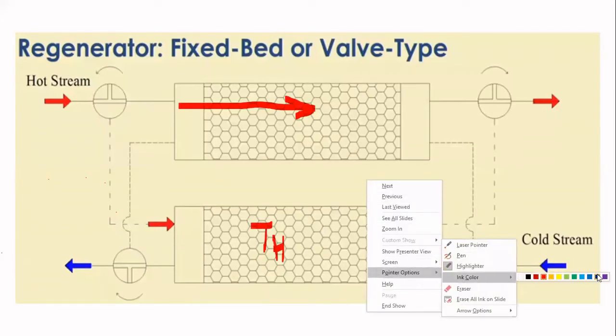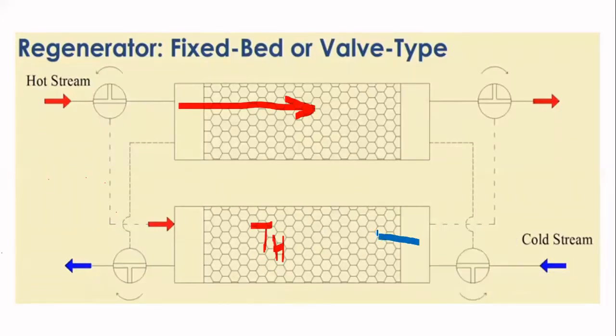The cold stream is going to flow over this bed now, because this is already at a high temperature. Right now the hot stream is flowing over this bed. That time the cold stream will be flowing over the second bed, and the temperature of that second bed is already high. So the cold stream is going to take heat from the matrix. The temperature of the stream is going to rise up, and the temperature of the matrix is going to drop down, and it is going to flow like this.